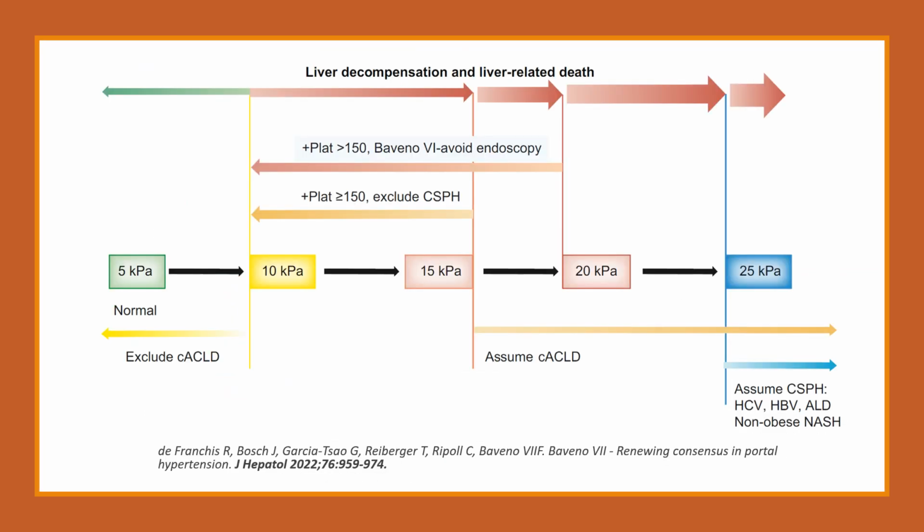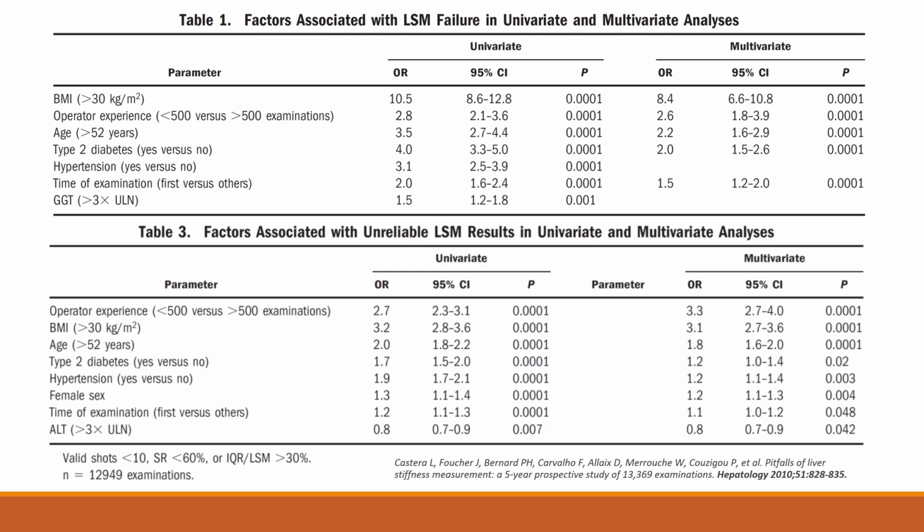Also, long gone are the days when patients were referred for an endoscopy to screen for varices upon diagnosis of cirrhosis. We now follow the Baveno criteria, and we use a combination of liver stiffness and platelet count to either exclude or rule in clinically significant portal hypertension.